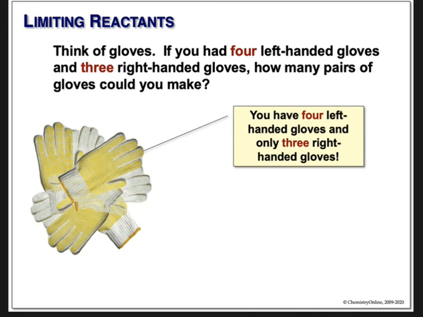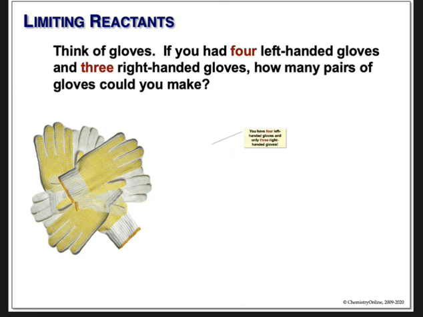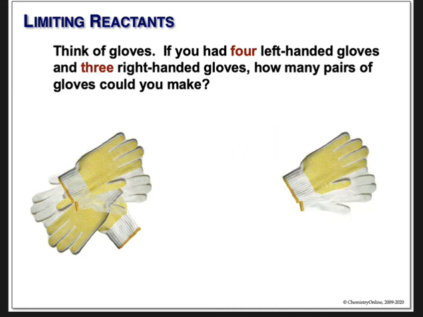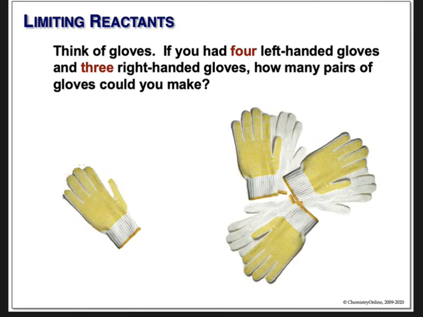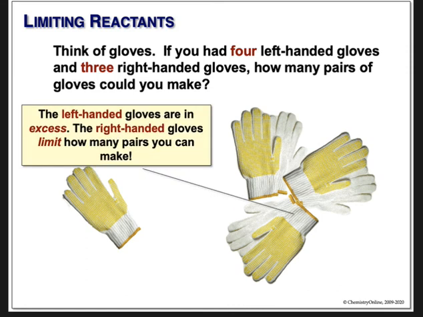So in this pile, we have 4 left-handed and 3 right-handed. Therefore, if we want to make pairs, we reach in our stack, we can make 1. We have another pair, that's 2, and we can take that and make 3.